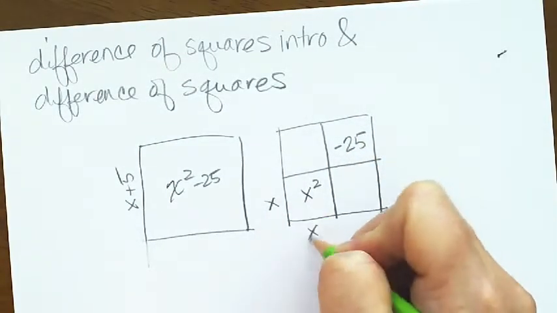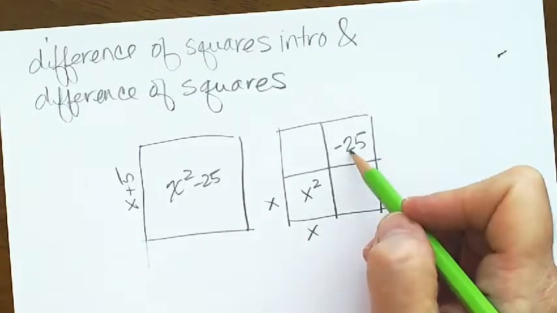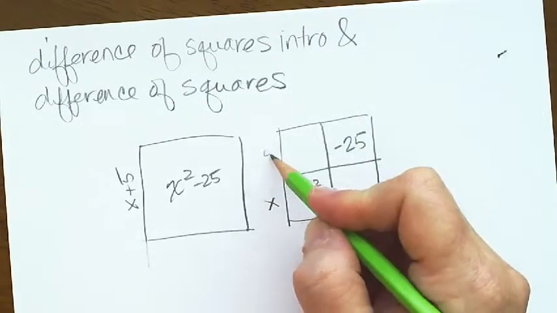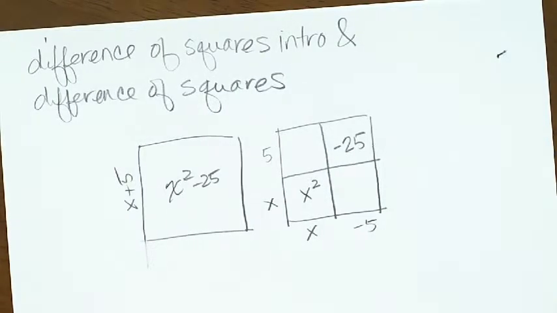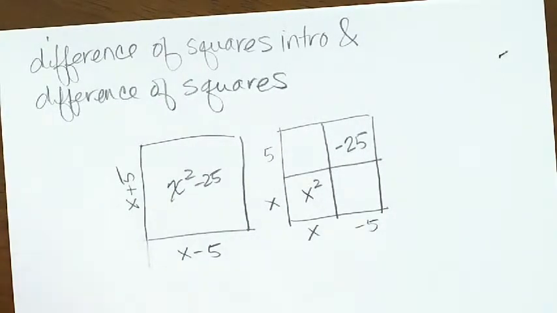Well, I know this is x times x, and for this to be negative 25, it's got to be positive 5 and negative 5. So this is going to factor into x plus 5 times x minus 5. So the answer would just be x minus 5 because it's only asking for the width of the rectangle, but it's actually a square.